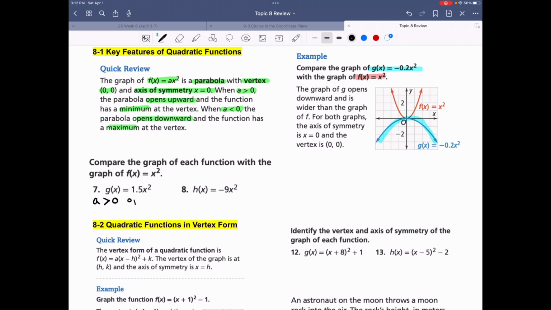So it opens upward. And the a is also greater than 1, so it will be more narrow. A is greater than 1, so narrow.